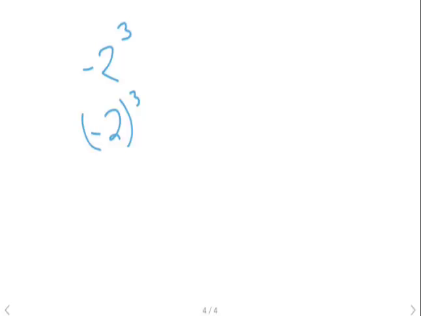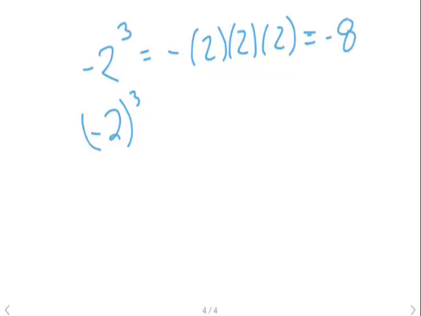The first one is -2 times 2 times 2. That would give us a -8, okay? Because 2 times 2 times 2 is 8, and then we have the negative outside. But if I'm doing -2 times -2 times -2, then I have -2 times -2 times -2, which will also give me a -8.